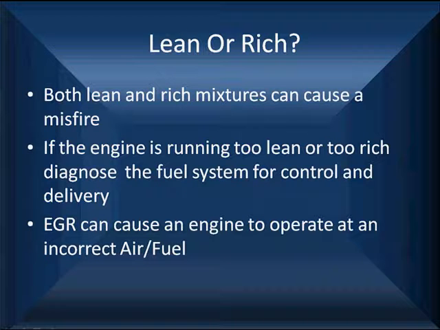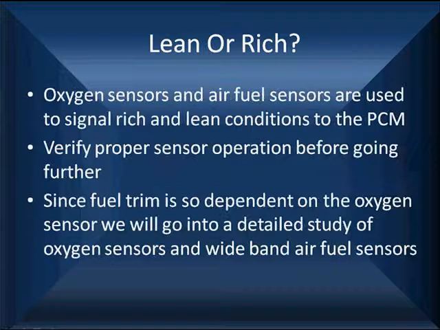What I'm trying to say, if it's leaking, it can cause improper operation. Oxygen sensors and fuel sensors are used to signal rich and lean conditions to the PCM. You've got to verify proper operation before going too much further. Since fuel trim is so dependent on the oxygen sensor, we're going to go into a detailed analysis of oxygen sensors and wideband fuel control for this class so you have a good understanding of how they're working. If they're lying to us, again, fuel trim is wrong.